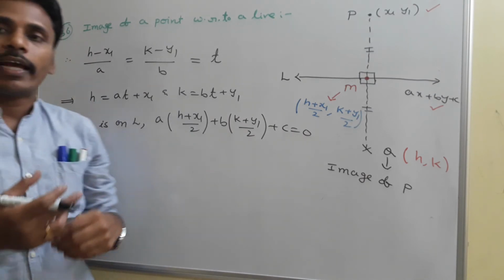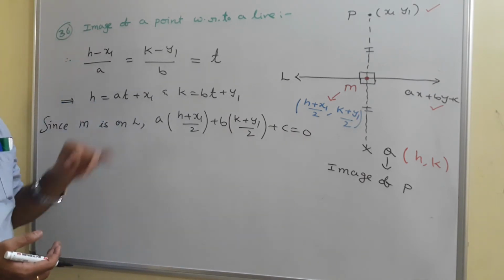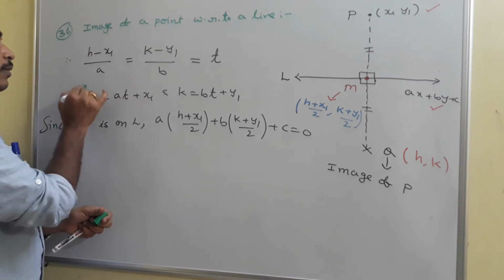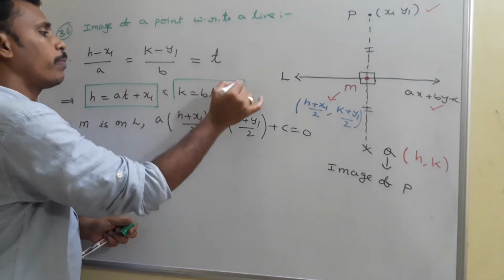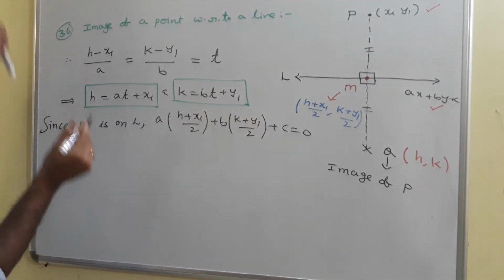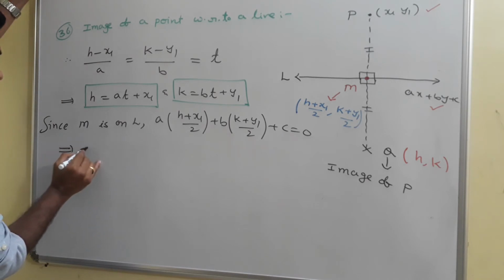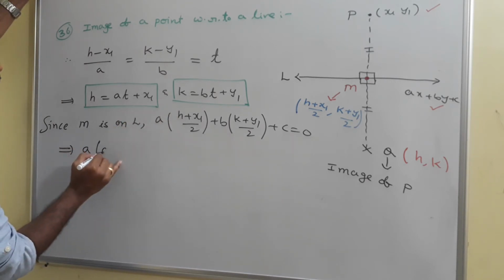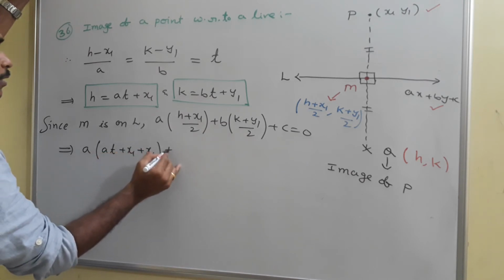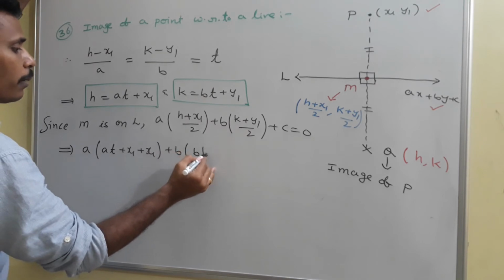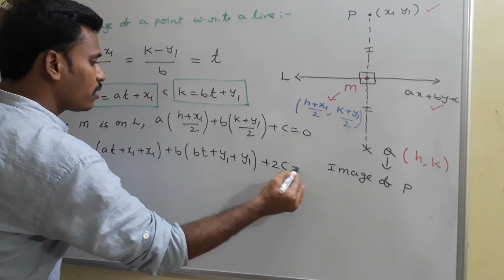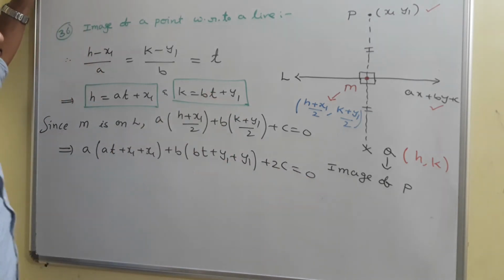Now here we need to make t the subject, and we have h is equal to at plus x1 here and k is equal to bt plus y1 here. Use these two in the place of h and k now. Further, that implies a times h, which is at plus x1, plus b into k, which is bt plus y1, plus 2c is equal to 0, by multiplying everything with 2 again.